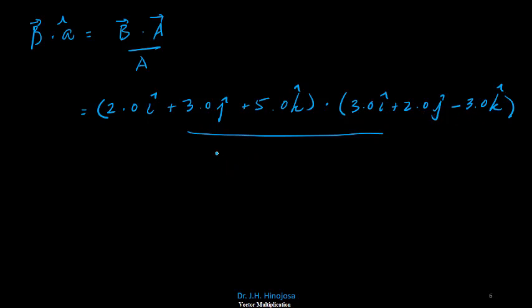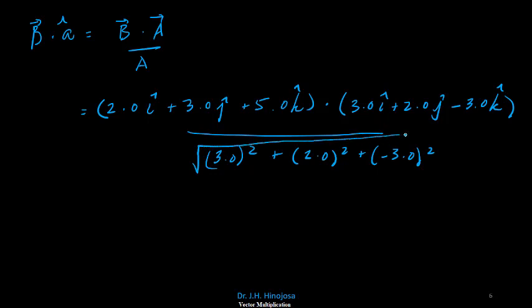So we take each of the components, we square them, we add them together, and then we take the square root as we usually do. So this gives us the square root of the sum of the squares of the components of vector A, gives us the magnitude.